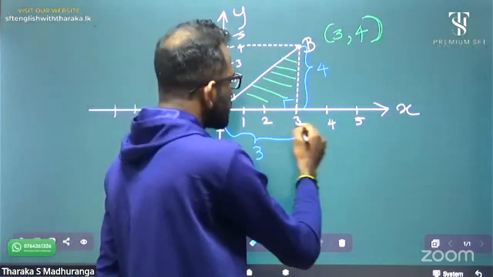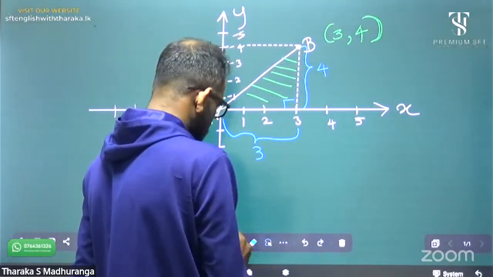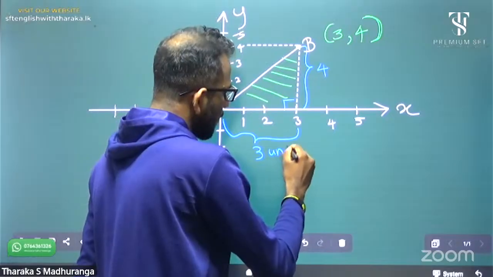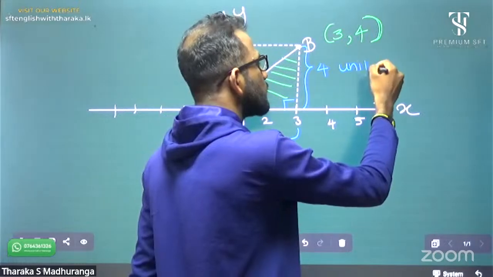How about the length of this adjacent side? It is 3 units. The opposite side is 4 units.